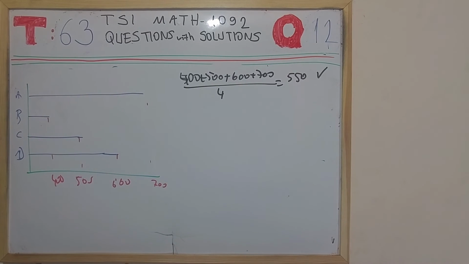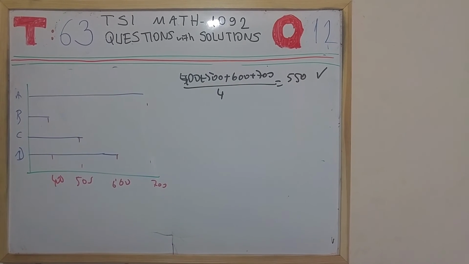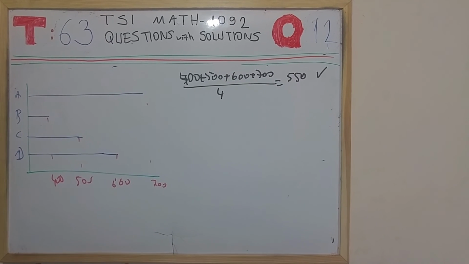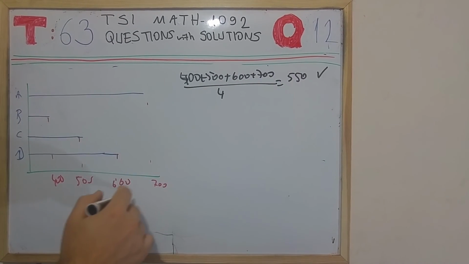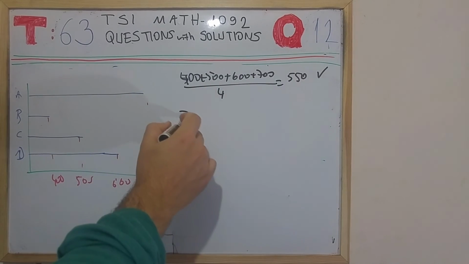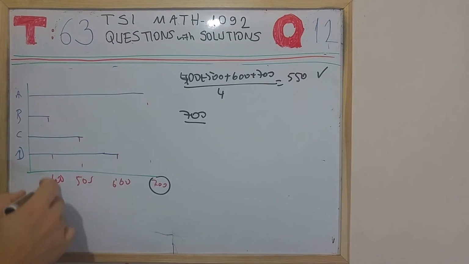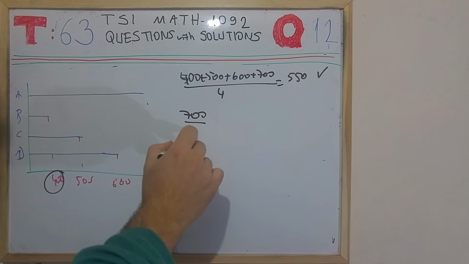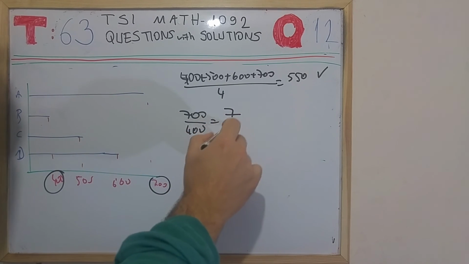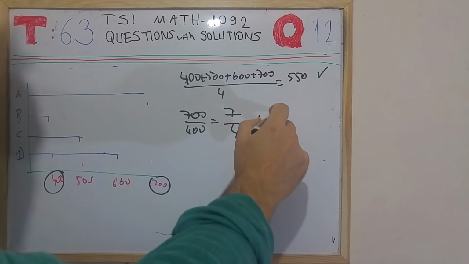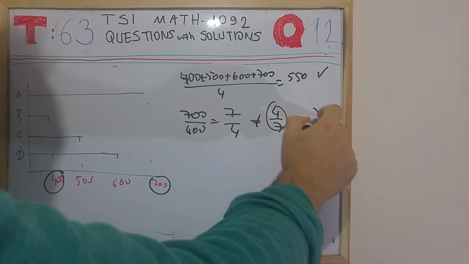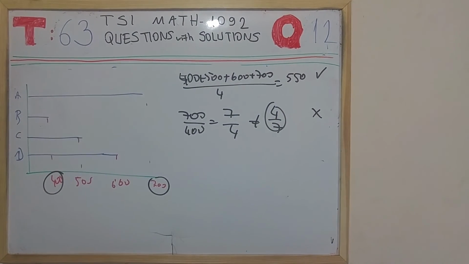The ratio of the greatest number of graduates to the least number of graduates is 4 to 7. The ratio of the greatest number is 700 to the least number is 400. So this ratio is equal to 7 over 4, not 4 over 7. So B is faulty, the wrong one.